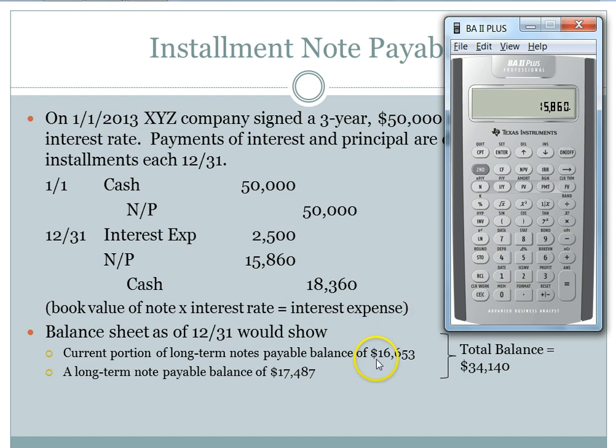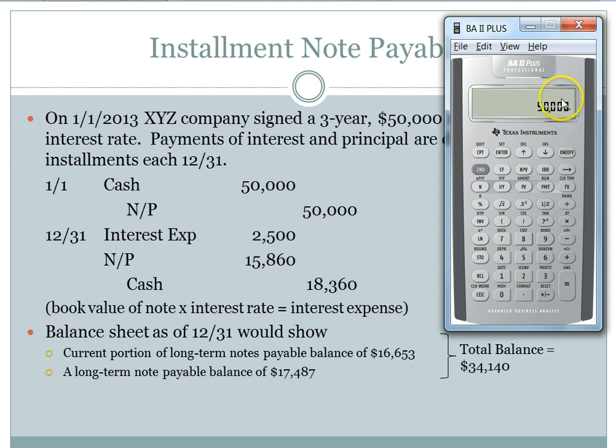In 2014, we'll recognize another $16,653 reduction in liability. And then in 2015, our last payment, we would recognize another $17,487 reduction in liability, and that adds up to exactly $50,000, the amount of principal that we borrowed in the first place. And so we know that at the end of 2015, our note payable will have a zero balance. We will have made all three payments.